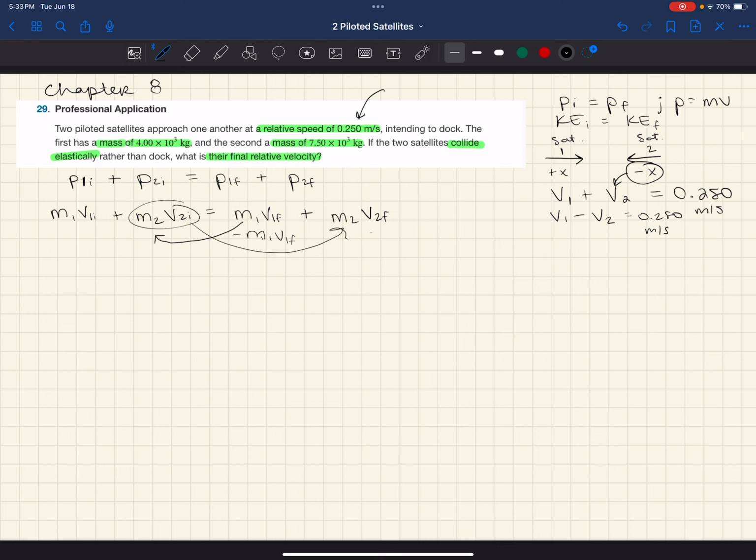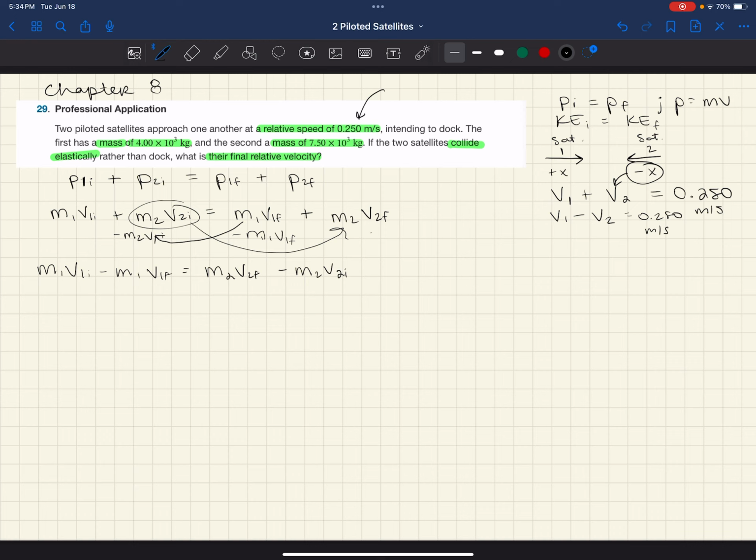So we'll subtract that. And that's going to leave me with M1 V1 initial minus M1 V1 final equals M2 V2 final minus M2 V2 initial.